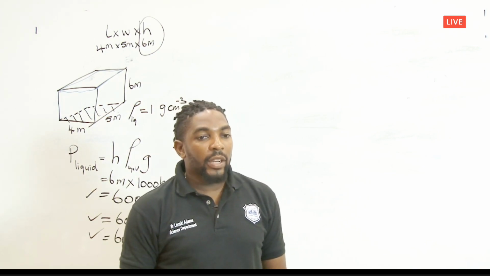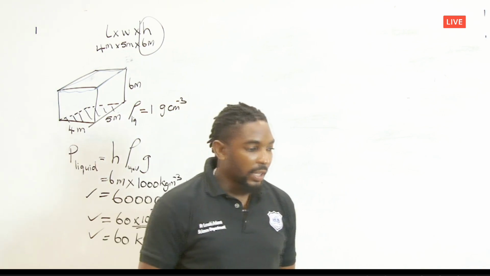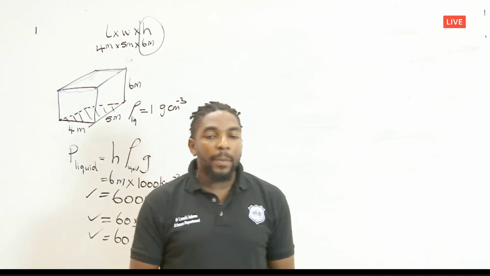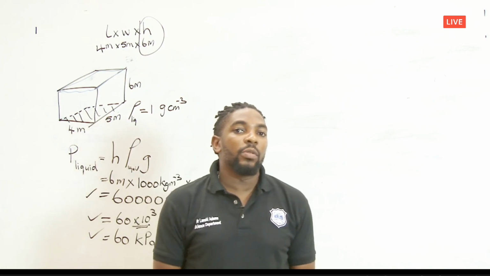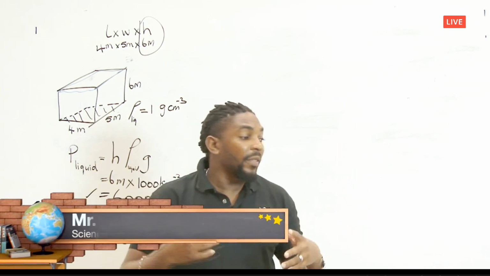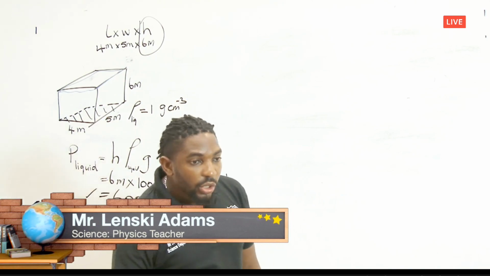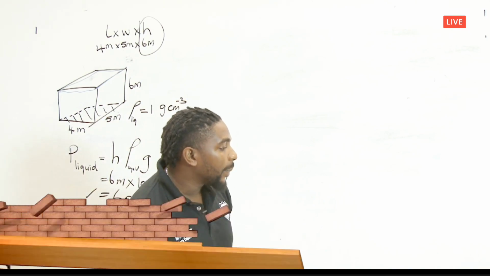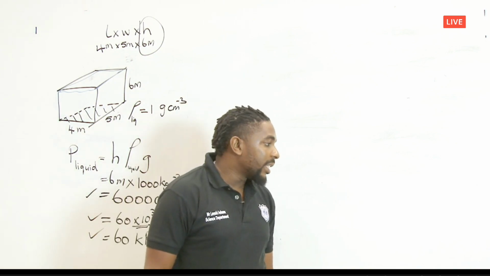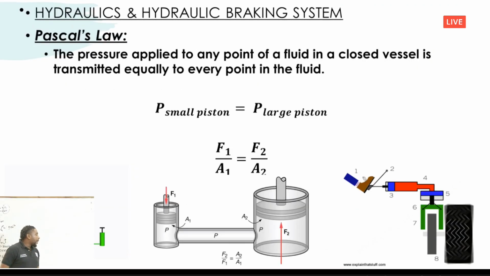Good? So, as I mentioned, this methodology is actually used in the development of certain apparatus or devices. For example, a hydraulic lift. Right? So if we apply a force on one side, we can lift up huge vehicles.